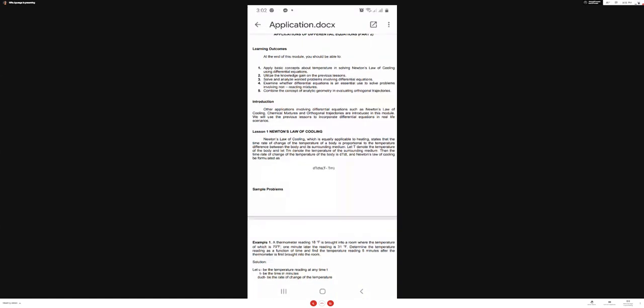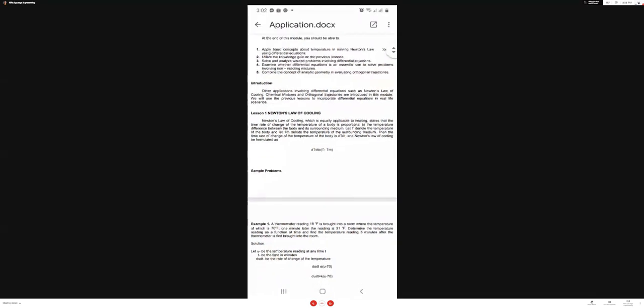Kung medyo mainit yung lugar, apektado yung rate ng change ng temperature. So, yun yung reason kung bakit kinukuha natin yung before and after, just to check yung proportionality ng pag-change ng temperature nung katawan.